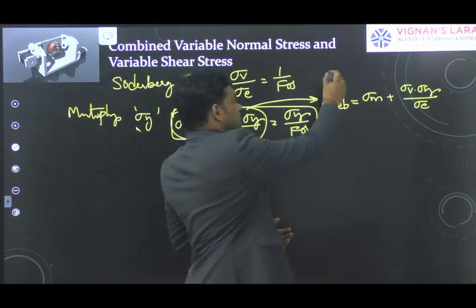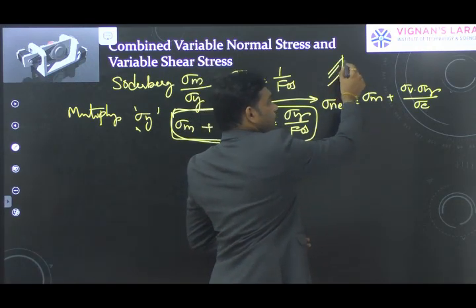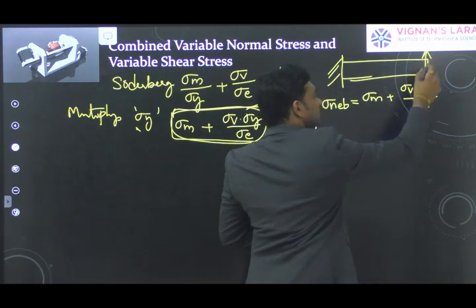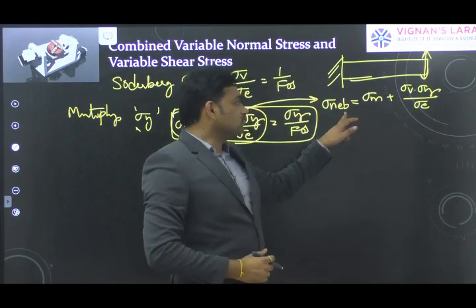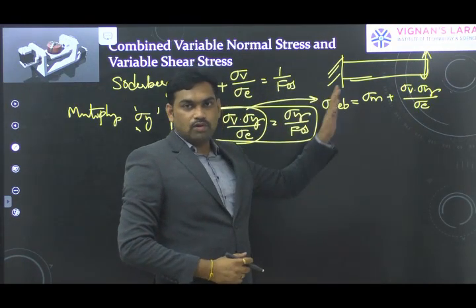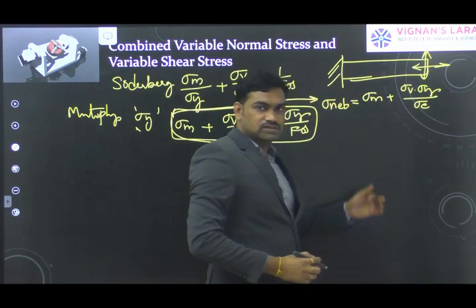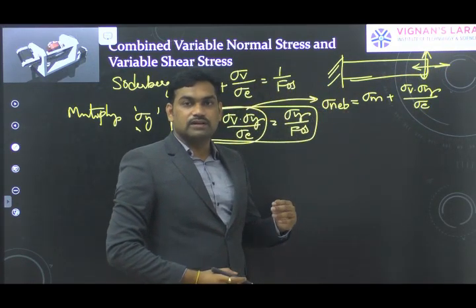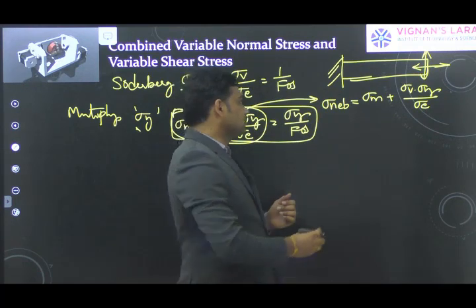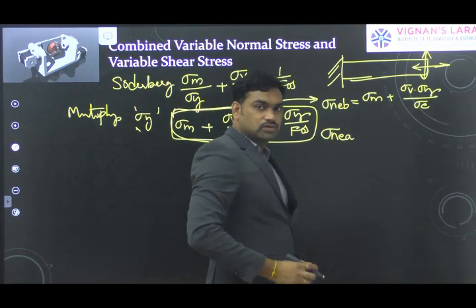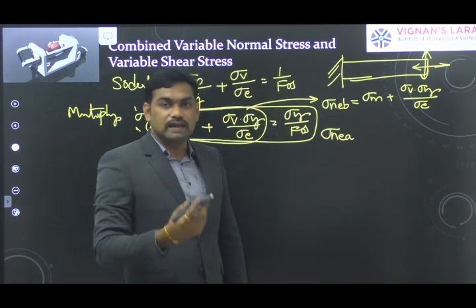For example, take a cantilever with cyclic transverse loading, for which we have sigma NEB. If the same component is subjected to cyclic axial loading, this can also be written for the equivalent normal stress in axial loading, sigma NEA.